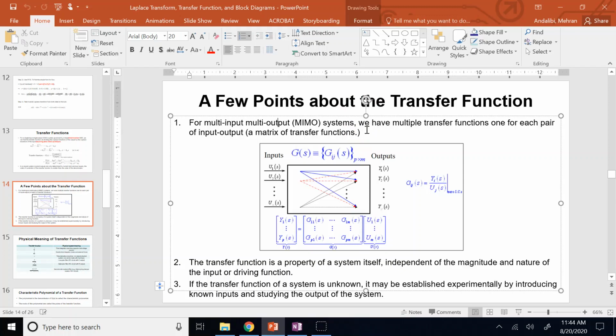You have a lot of them, and actually you have a matrix of them. For example, here, you have M inputs and you have P outputs. Then you can easily show that you will have a P by M matrix of transfer functions, okay?